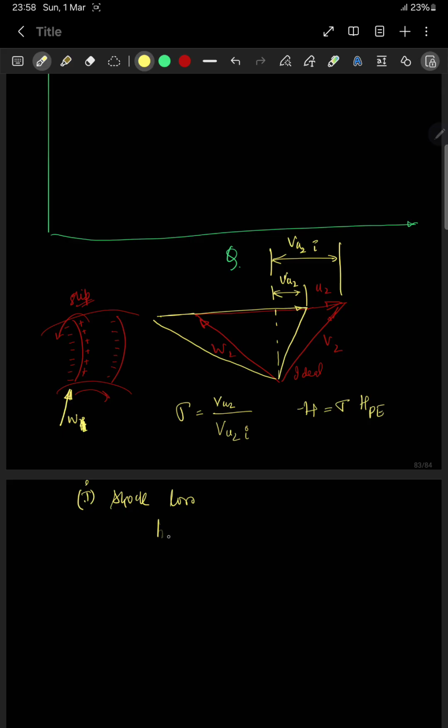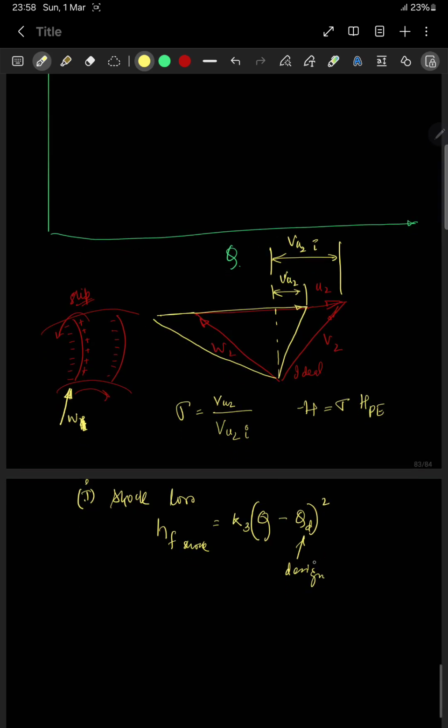Shock loss is Hs, which can be defined as K3 into Q minus Qd whole square, where Qd is the design flow rate, which is when W1 is along the blade, and that is the desired point.